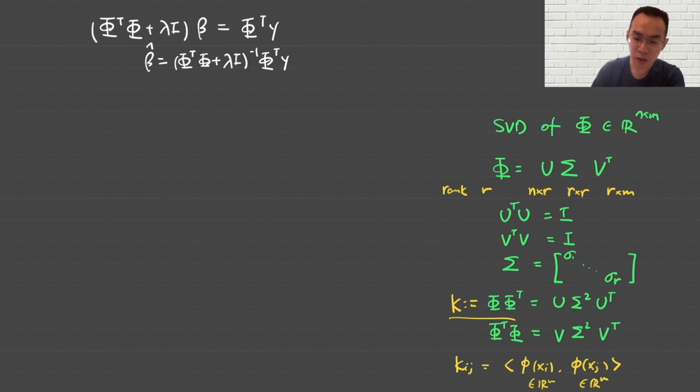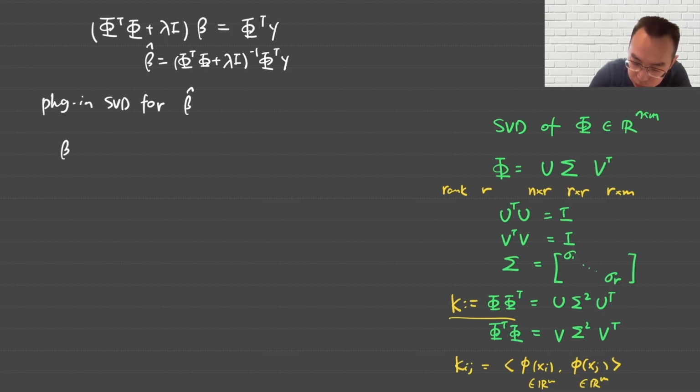Now let's just plug in the SVD formula for beta hat.